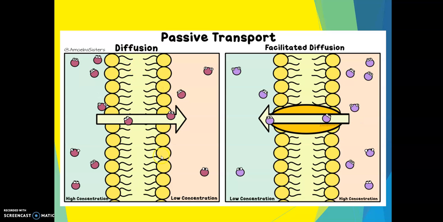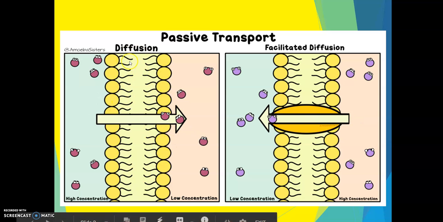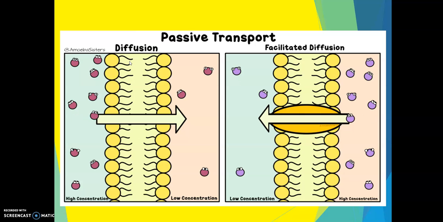In this scenario here, it is just simple diffusion, in which you see these molecules being able to move directly across the phospholipid bilayer. In the other scenario, we see these molecules needing a little bit of help to move to the other side, and the facilitator or the helper is a protein.